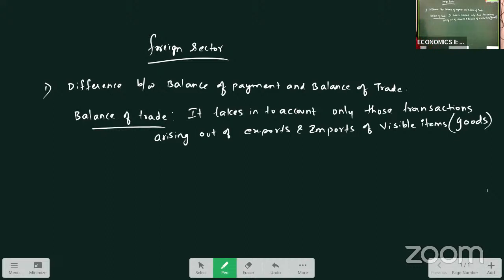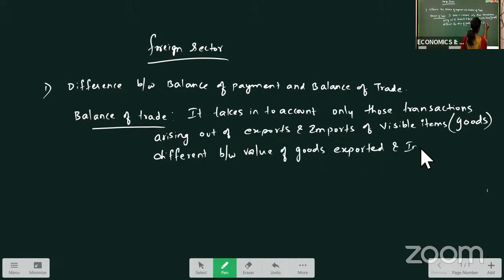It is the difference between the value of goods exported and imported. Value of goods exported and imported.